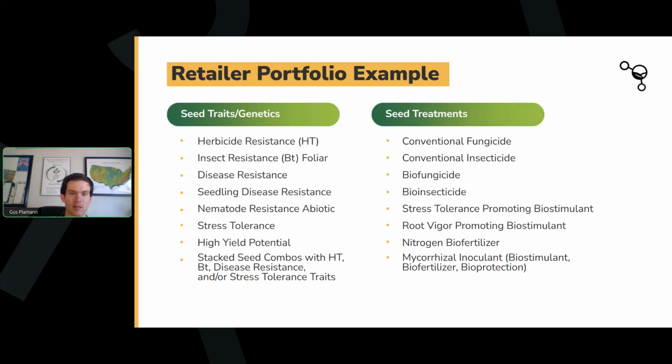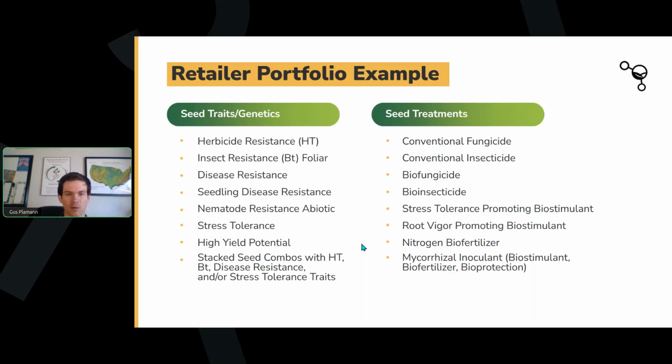So again, going back to that same slide from before, an example of the seed traits or traited seeds and the seed treatments that might be in an ag retailer's portfolio. And when we look at all the different combinations, the stacked traits, the different seed treatments that might all be mixed in together, there's hundreds, if not thousands, of different combinations to look at.